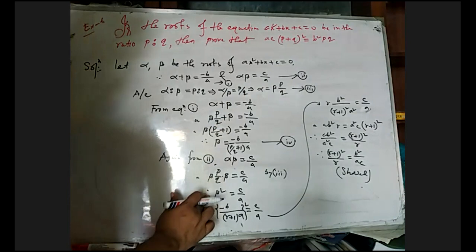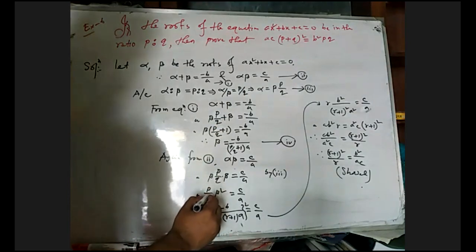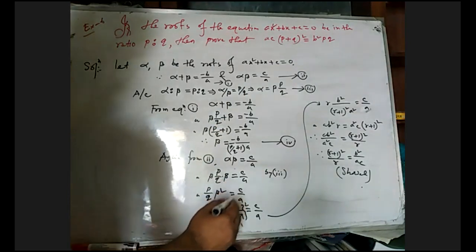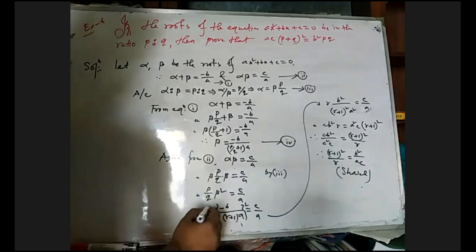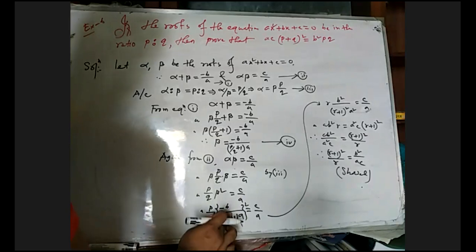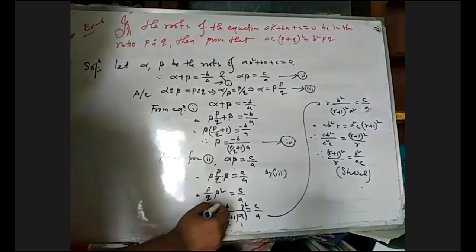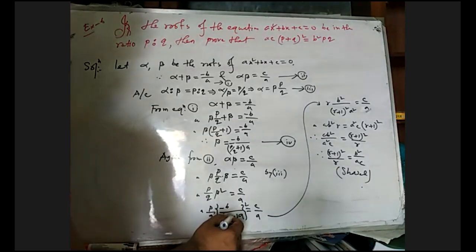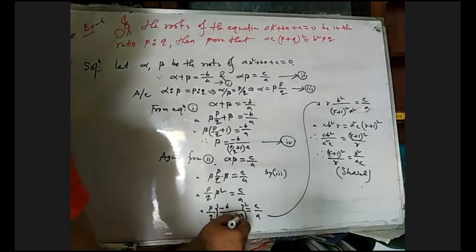So we get p by q into p by q into what? Beta square. Okay, p by q into beta square. Beta means what? P by q minus b divided by p by q plus 1 into a whole square.